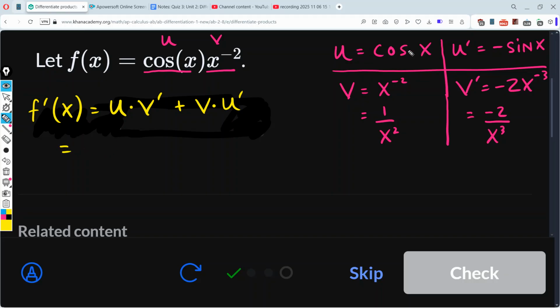The first is u, that's cosine of x. v prime, we said, was negative 2 over x to the third. Plus v, we said v was 1 over x squared. And u prime is going to be negative sine of x.